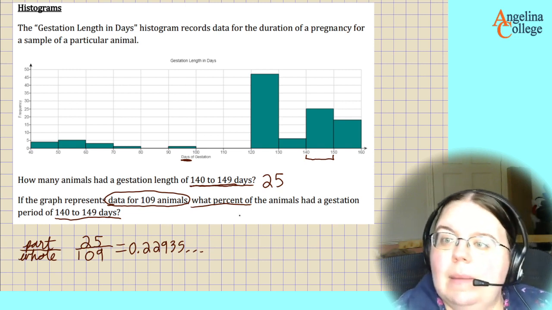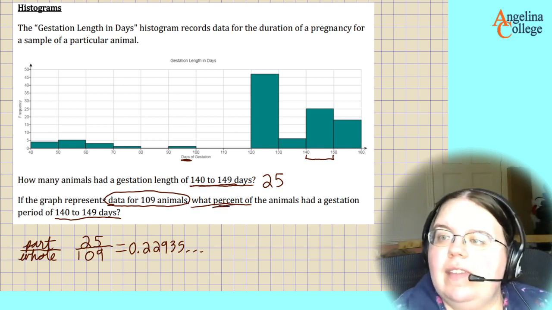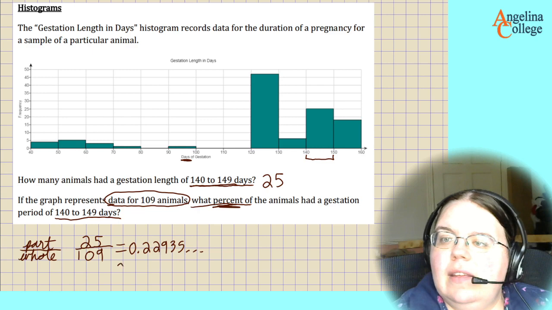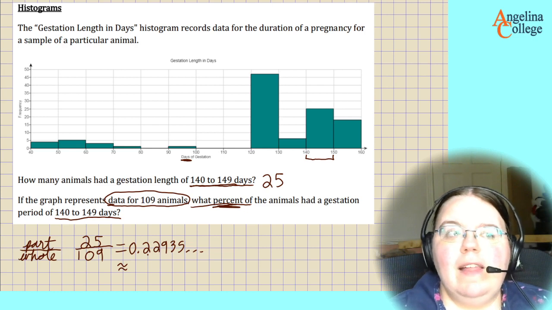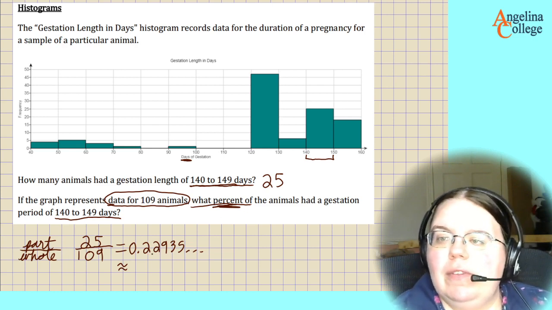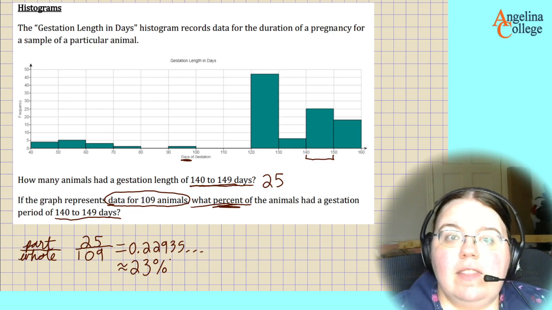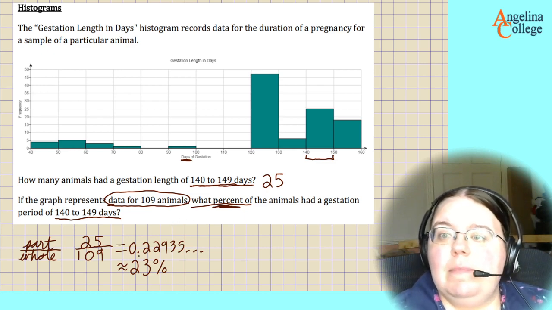Okay, but it wants a percent. Well, it doesn't say what to round to, so I'm just going to make a judgment call that I'm going to round to the nearest whole percent. So that would be the 9 bumps up the 2, 23%. And I notice that that's consistent with what I had estimated because it's a bit less than 25%.